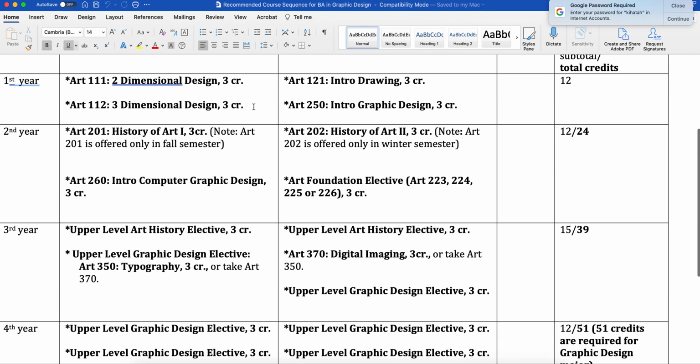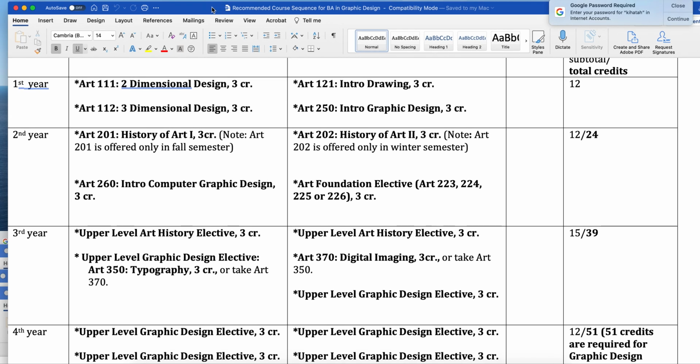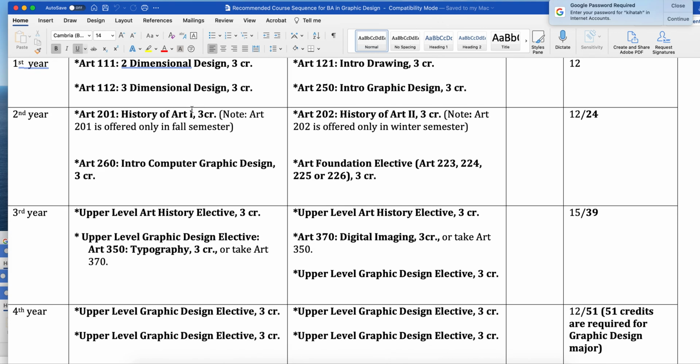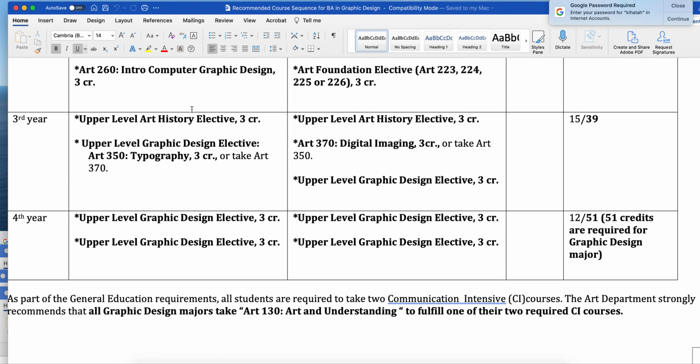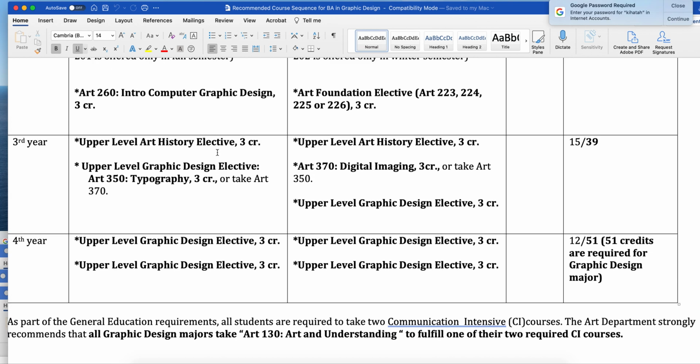Now another thing about the BA in graphic design: there are some courses that may not be listed in your program, and will count as an upper level course, but don't go to upper level graphic design electives. One of the courses is Art 385, and I'm going to talk more about that, or sometimes a special topic, Art 390.